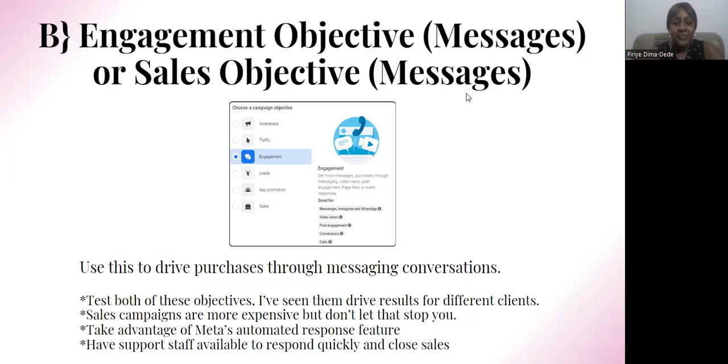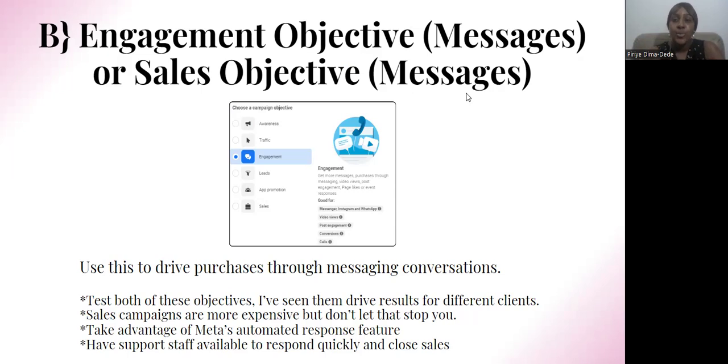The next thing you want to do when running a messaging campaign, whether it's the engagement objective or the sales objective, is to take advantage of Meta's automated response feature. So when you're setting up a messaging campaign and you go over to the ad level, there is a place where you can actually set up an automated response where you'll be able to set a question, frequently asked questions, and you can type out a short answer there.